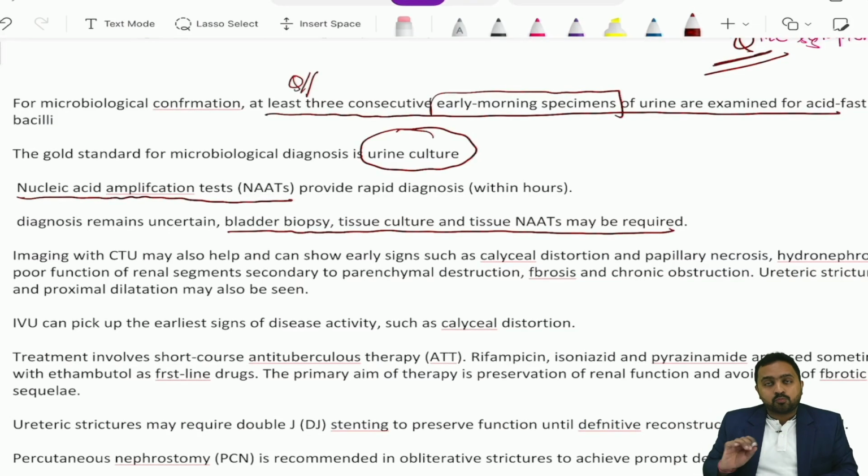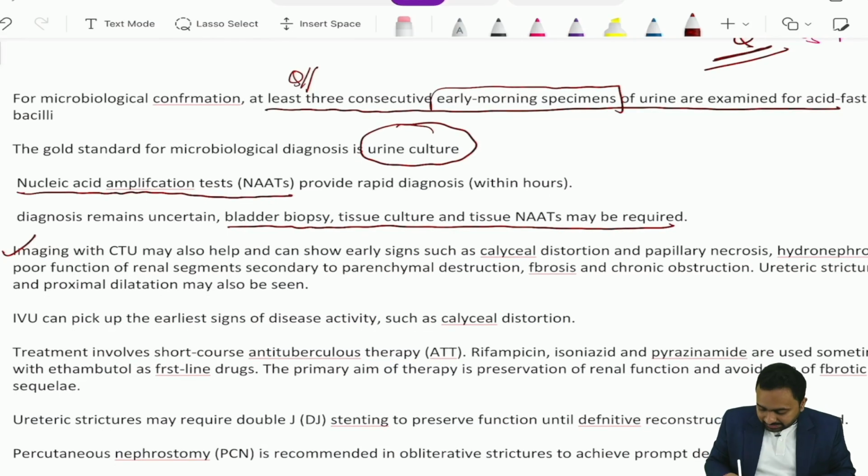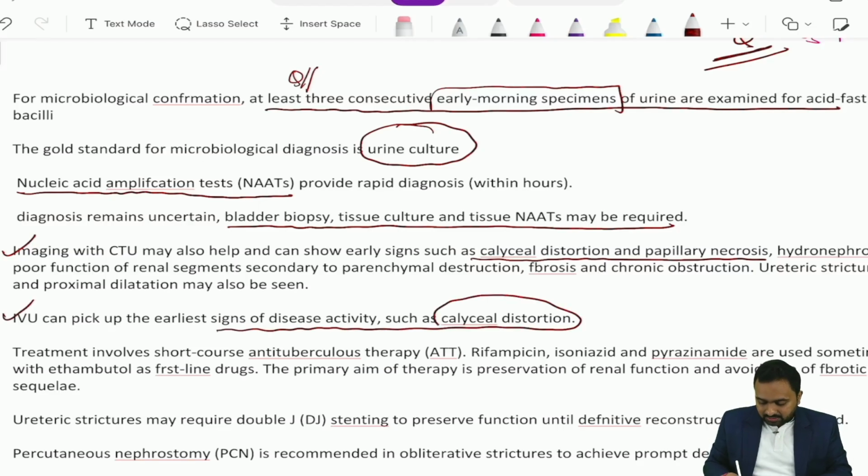Another few important points which I would want you all to remember is that imaging with your CT urography may show early signs such as calyceal distortion and papillary necrosis, and features of hydronephrosis. On IVU, you can pick up the earlier signs of disease activity, which is your calyceal distortion.